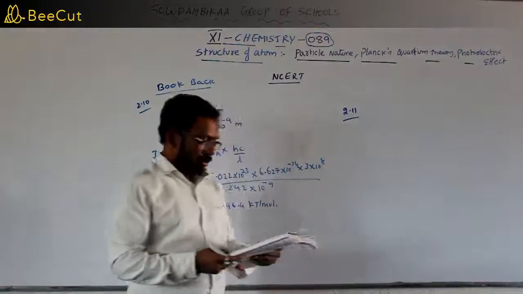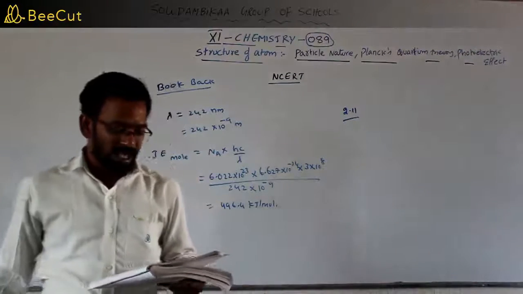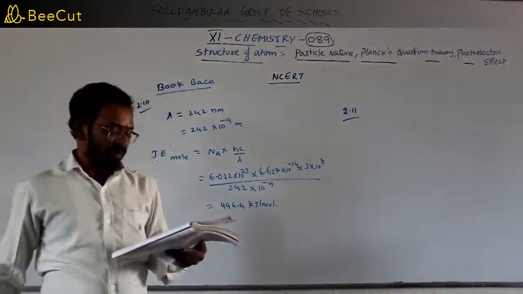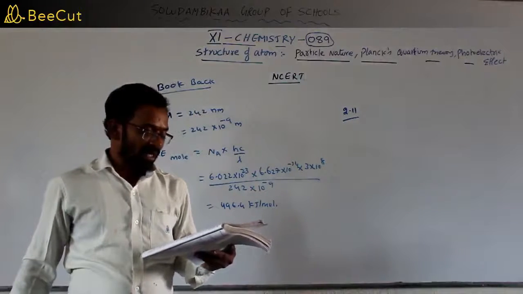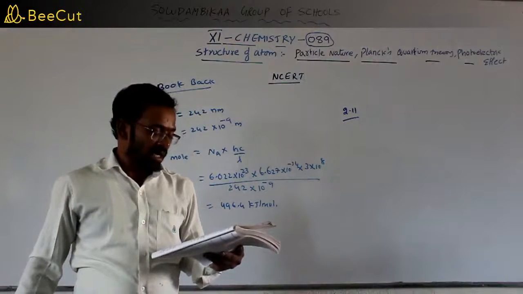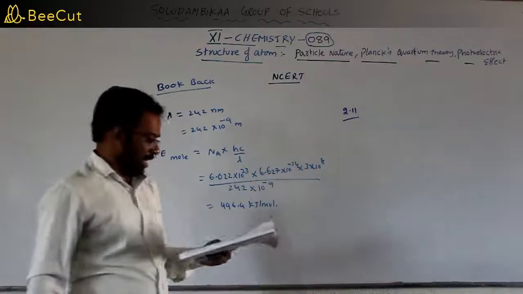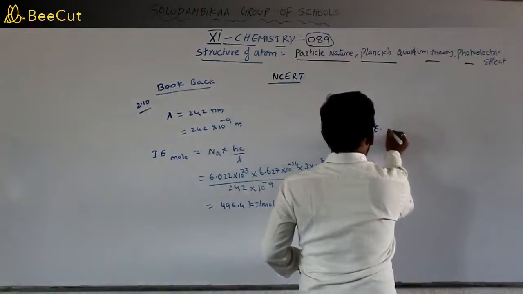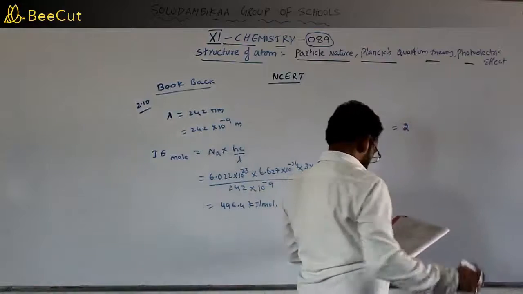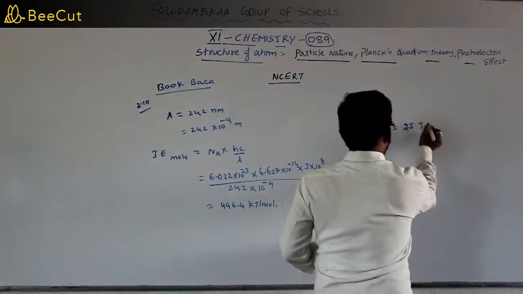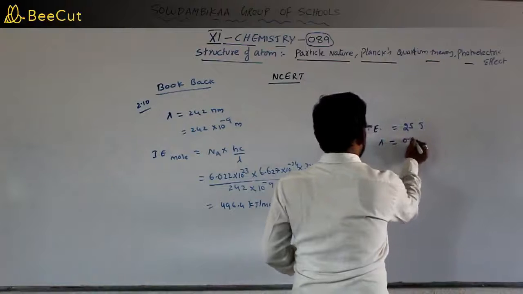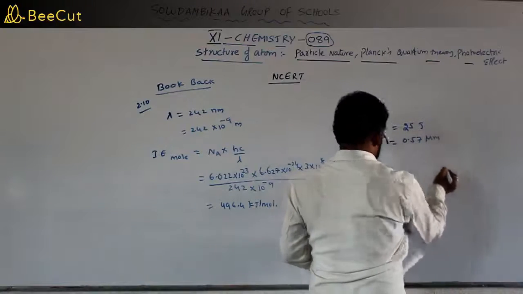Here a 25 watt bulb emits a monochromatic yellow light of wavelength 0.57 micrometers. Calculate the rate of emission of quanta per second. Here energy released per second is given, equal to 25 joules. Next, wavelength of light is given, 0.57 micrometers.